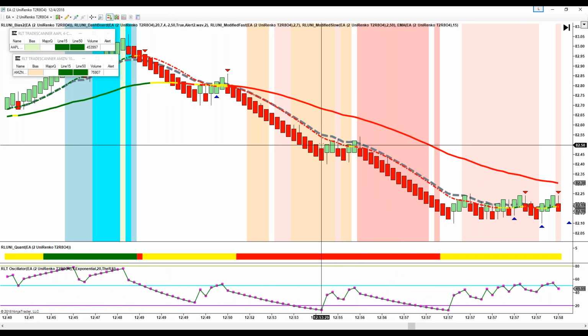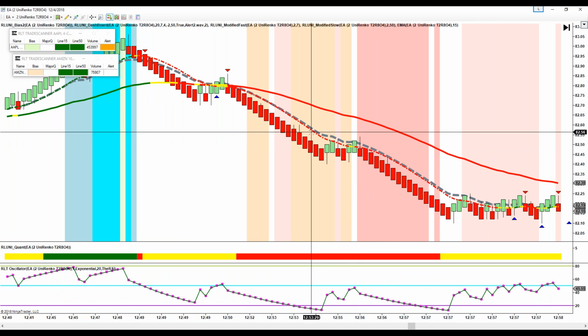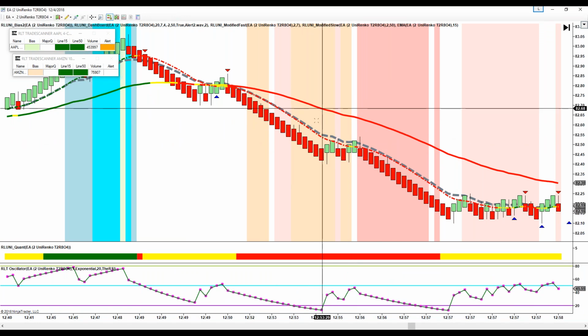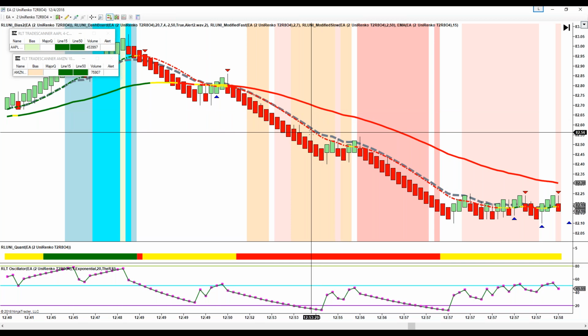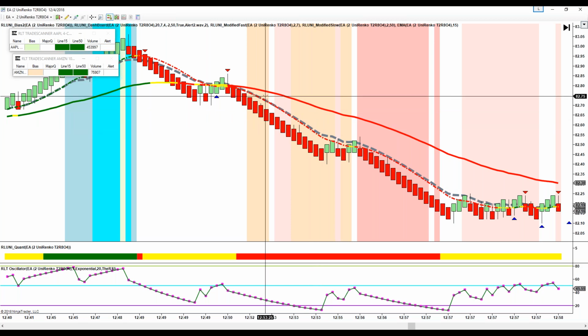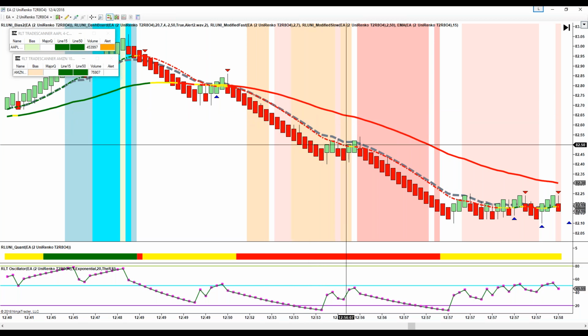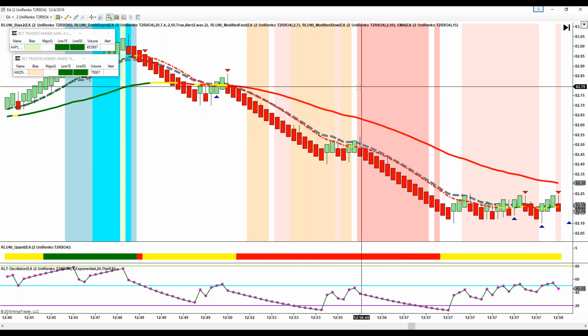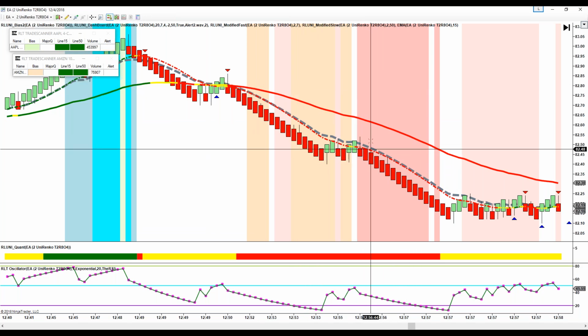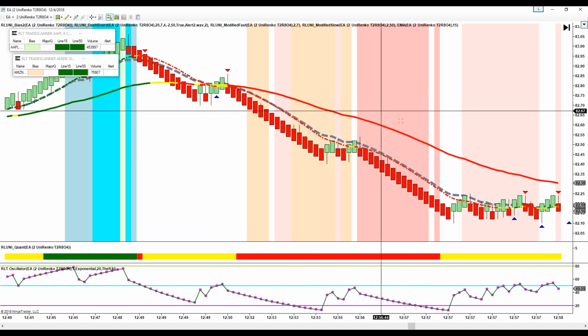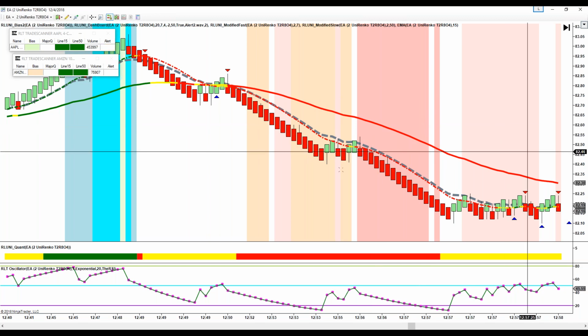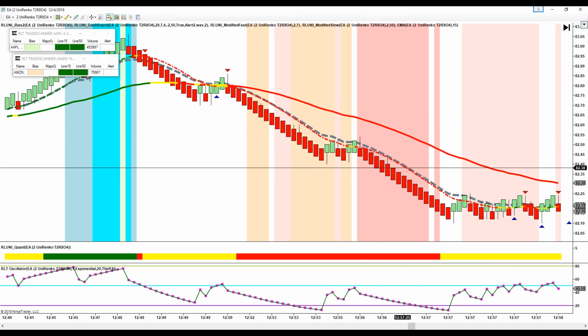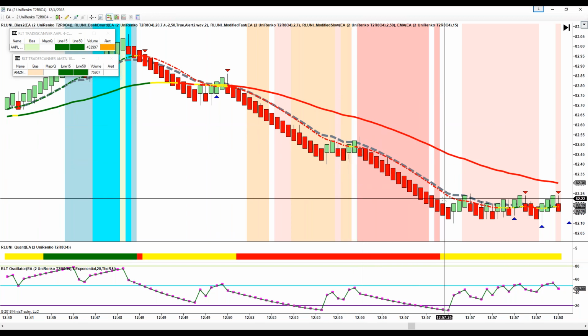And remember, the 15 has to be red and the 50 has to be red on a down move. And because this line is smoother and more stable, it's going to get you better background color. Because you're not going to get this dark pink on the higher time frames unless the 15 is red and heading down.